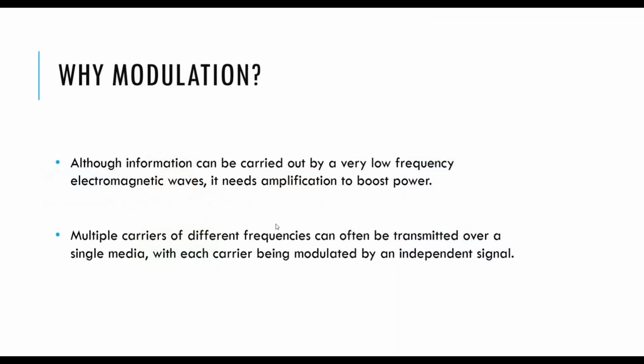So why do we have modulation? Modulation is a very important concept in communication, as I mentioned earlier. To give you a better picture, let's think of human voice. Human voice is a very common type of information signal that we would like to send over radio waves, for example. Let's assume that the human voice is of 3 kilohertz frequency.